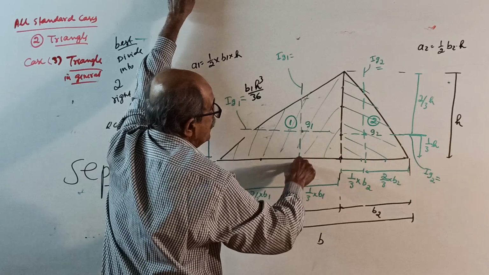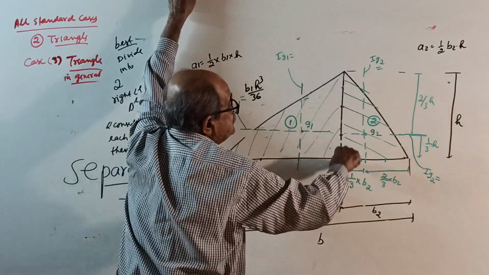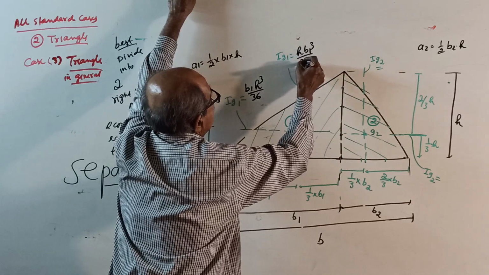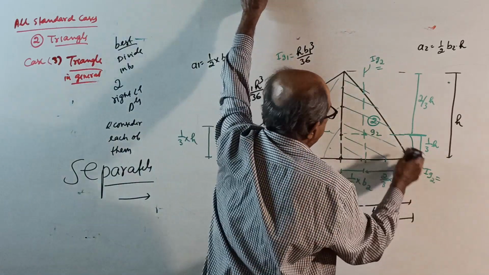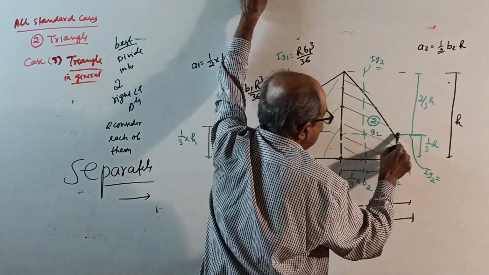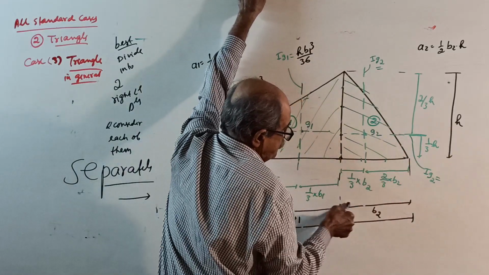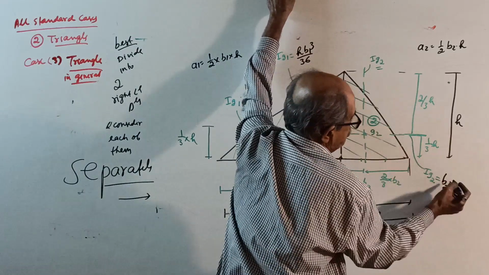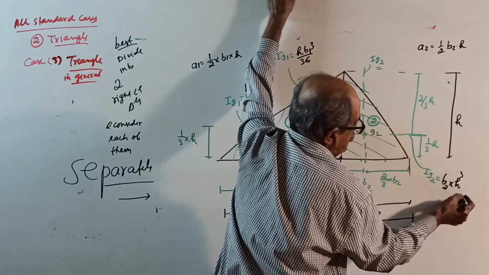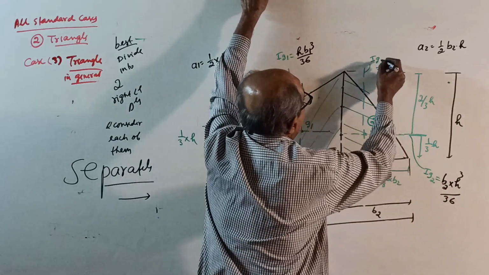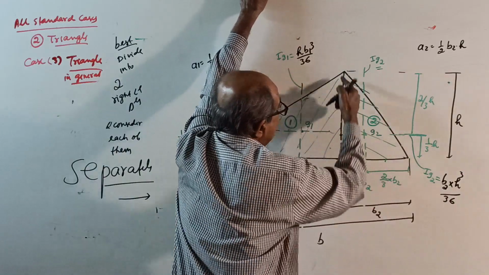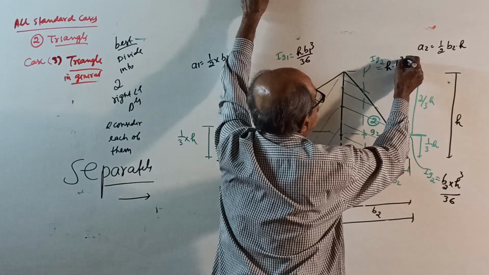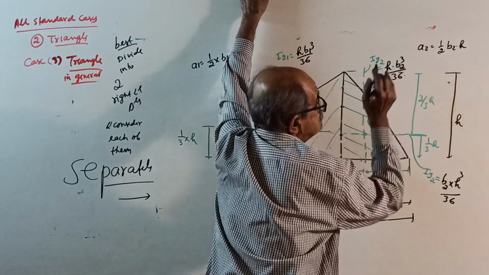About this other axis, parallel to the side, it is h into B1 cube by 36. For Ig2, it is B2 into h cube by 36, and this Ig2 is h into B2 cube divided by 36.